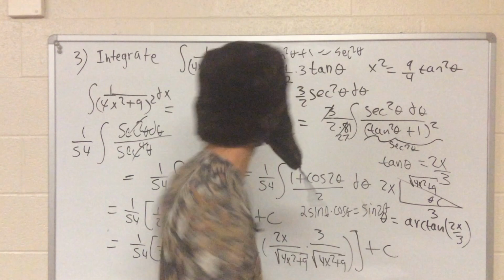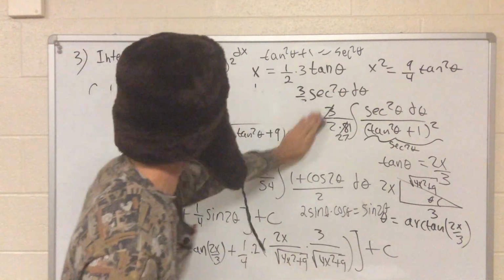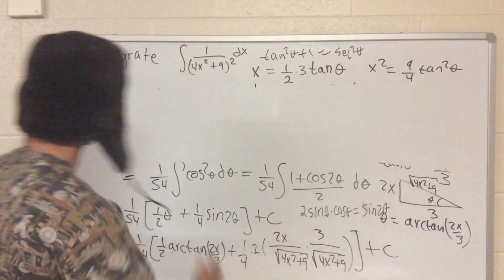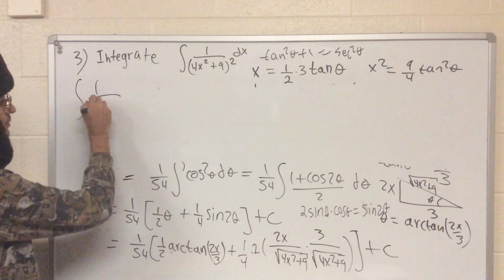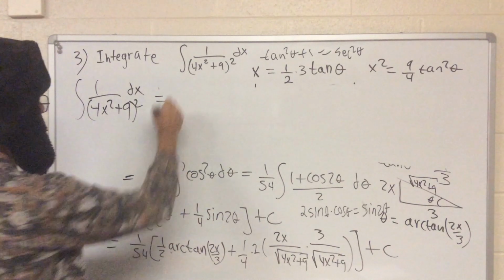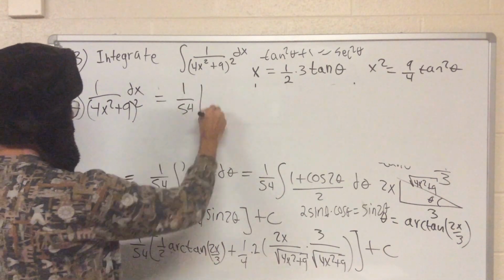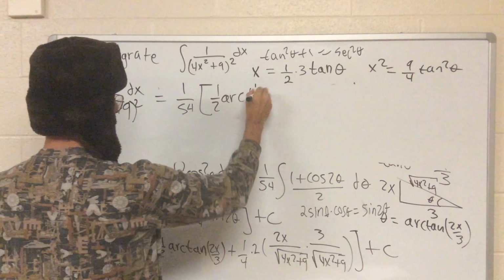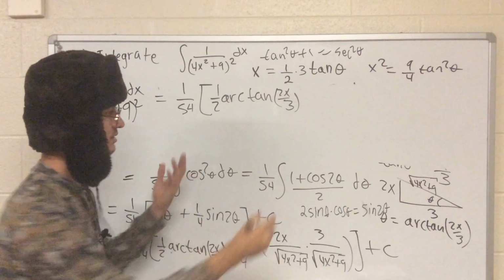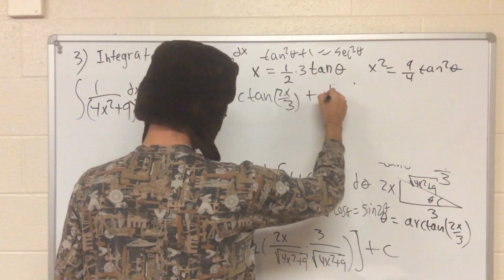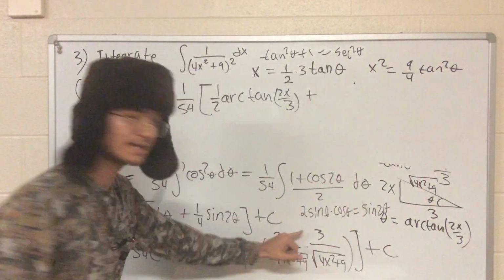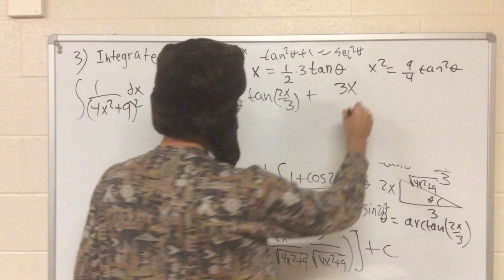Now let me erase the top so I can make space for the answer. If we simplify, the integral of 1 over (4x squared plus 9) squared dx will be equal to 1 over 54 times 1/2 arctangent of 2x over 3. Then 2 over 4 is just 1/2, so it's plus 1/2, and 3 times 2 is 6, so it's 6 halves, which is 3, times x.